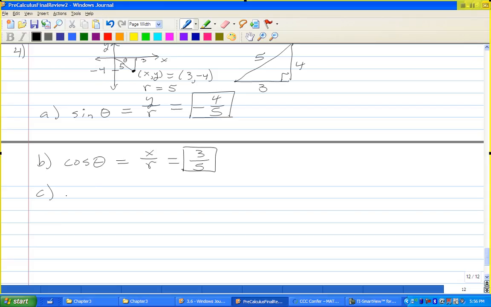C, tangent, which is y over x, negative 4/3. D, cosecant theta, which is r over y, which is negative 5/4.